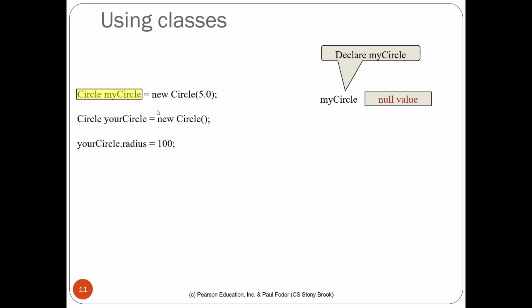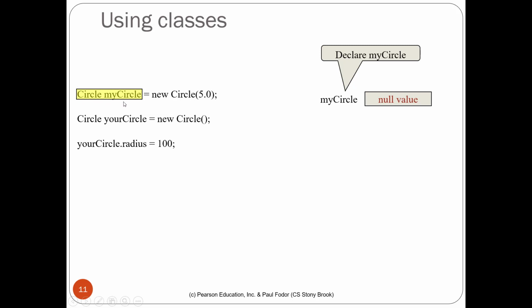Let's try to understand what will happen when you say Circle myCircle;. myCircle is a reference variable. What do I mean by a reference variable? Well, it's a reference variable because in myCircle I will be storing the reference, or the address, of an object which we will create, and that object would be of type Circle class.